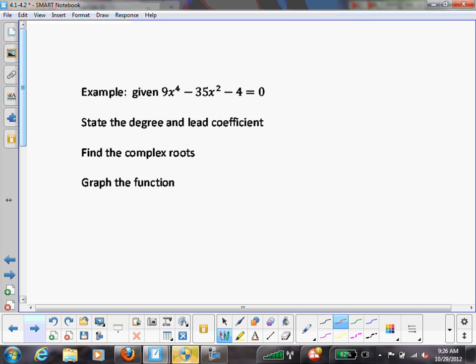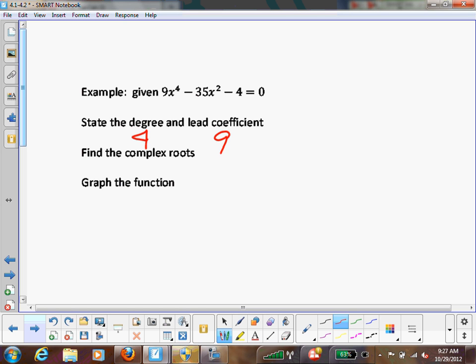What's the degree? What's the lead coefficient? +9. Find the complex roots. How am I going to find the complex roots? Now, factor. Can I use the quadratic formula? No. Why can't I use the quadratic formula?